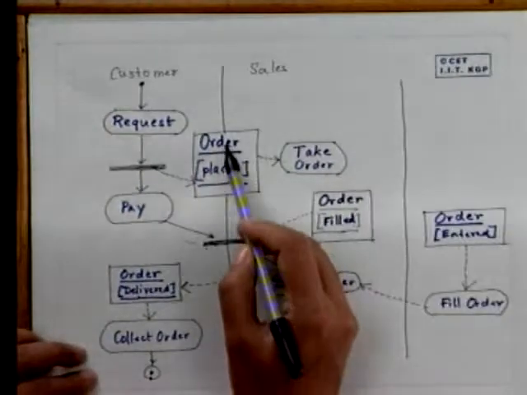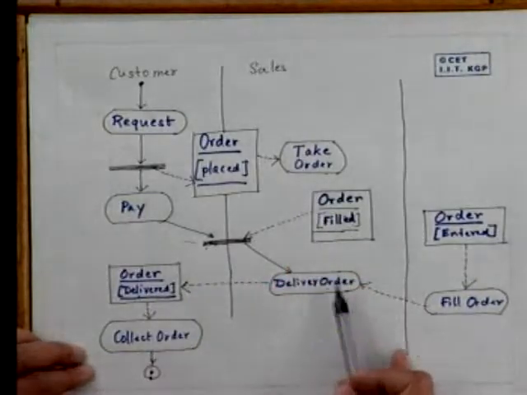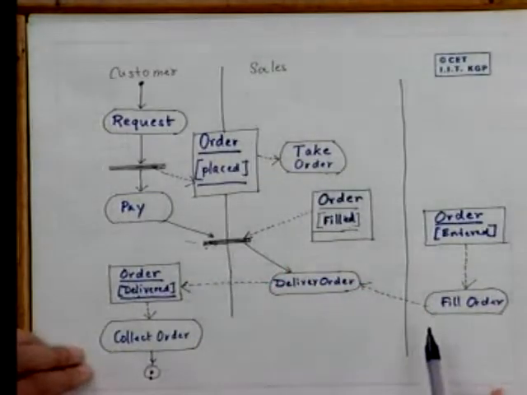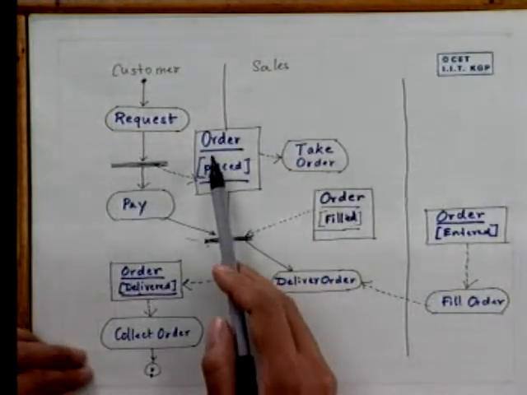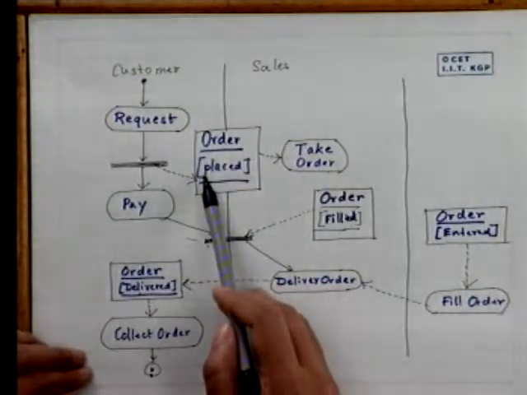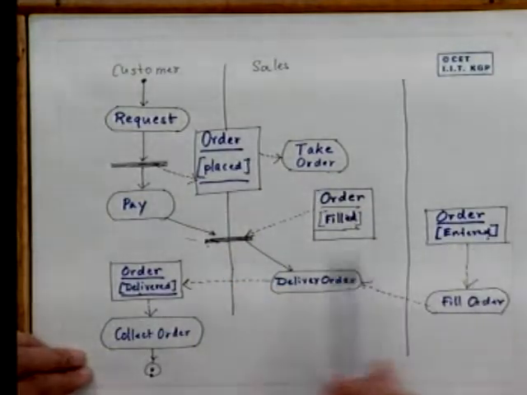So this order is the object which is flowing and which is used by the different action states or activity states in this activity diagram, and the status of the order is put here. So we have order placed, order filled, order entered, order delivered.